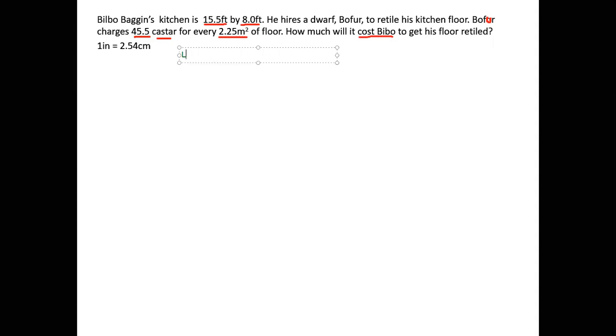Okay, we'll do that. Length times width gives us feet squared. And then we can get inches squared. Again, we have to go this route because it gave us 1 inch is 2.54 centimeters. Then we can get centimeters squared and meters squared.